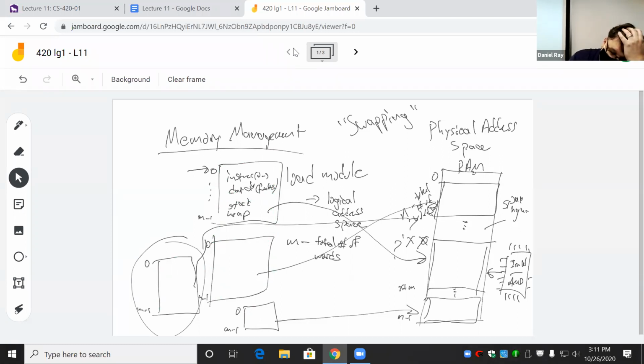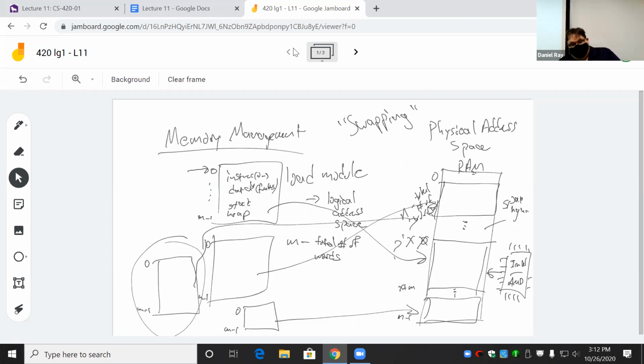Well, we swap. Okay, so a page is also the smallest chunk of memory to be managed. Okay, so a page is made up of some number of words, right?